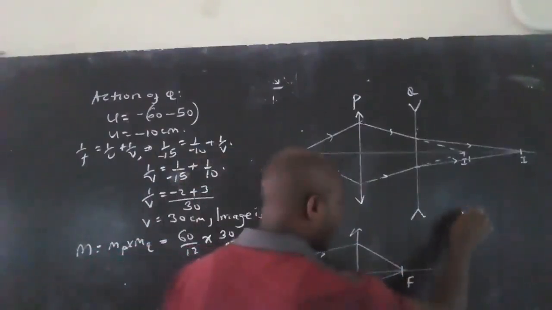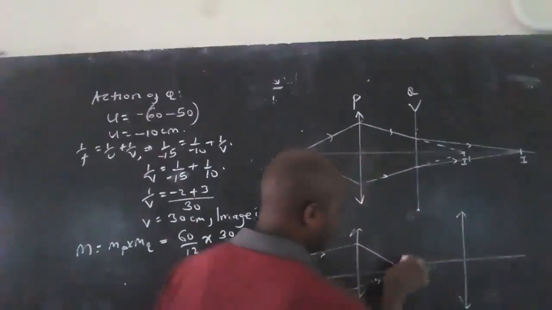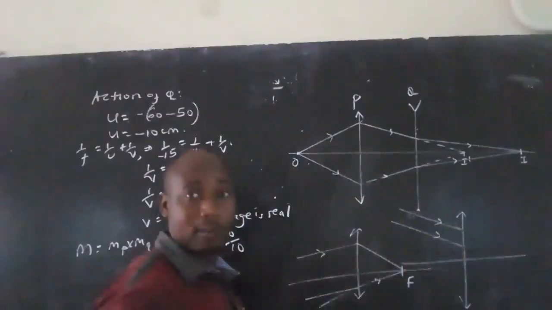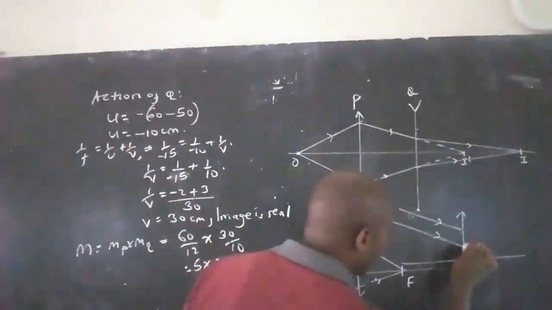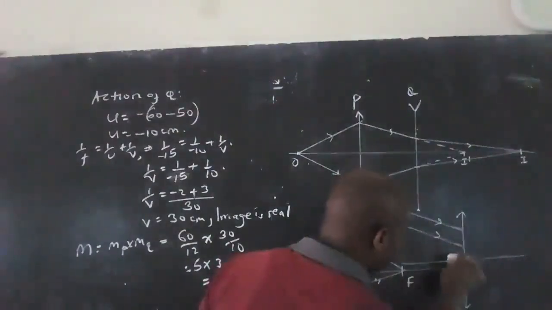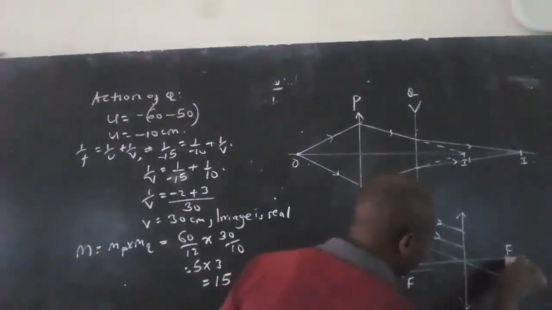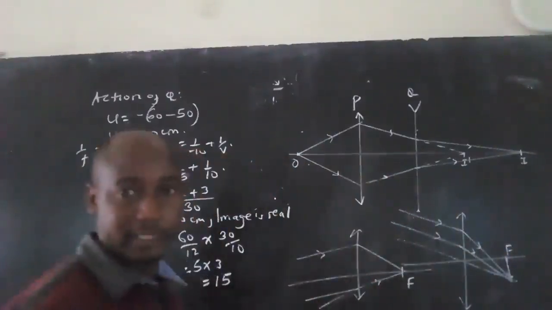Now, if you have rays of light which are parallel to this, which are like this, they converge at F, but the point is not on the principal axis, but down. Let me say if you have like this, if this one is F, then the image will be formed here. So they will converge down here like that.